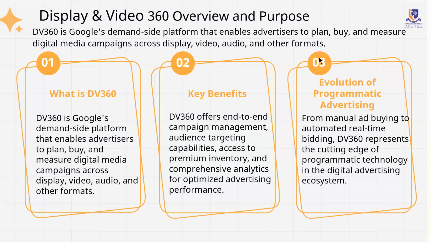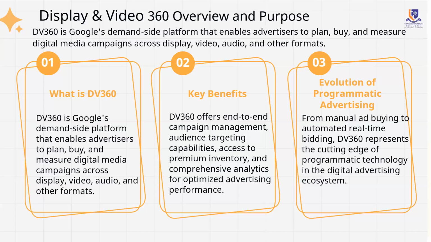And then there is the evolution of programmatic advertising from manual buying to automatic buying and real-time bidding. Like on Google Ads, there is also a strategy we use for getting ads at a cheaper rate, which is bidding. That is part of the evolution of how advertising has evolved.